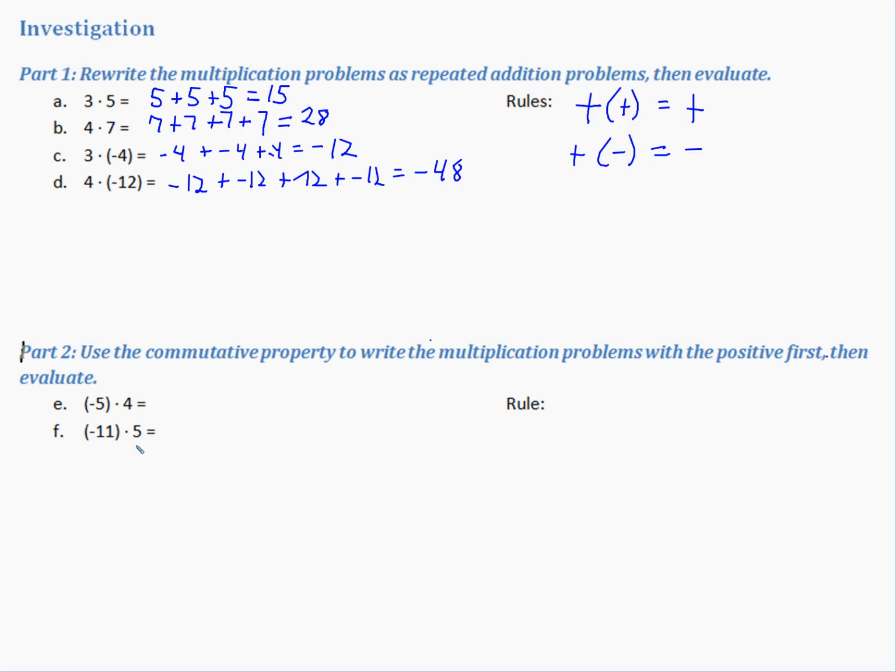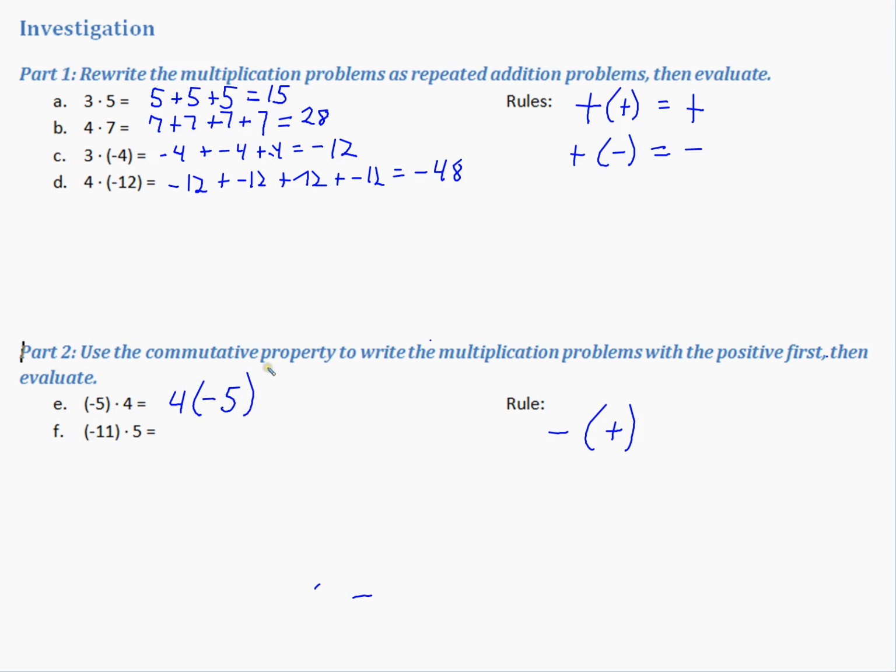In this one, I'm going to start the rule, and we see that we have a negative times a positive. It says use the commutative property to rewrite the multiplication problem with the positive first, then evaluate. The reason I'm going through this is I want you to see why these rules work. By the commutative property, this is the same as 4 times negative 5.